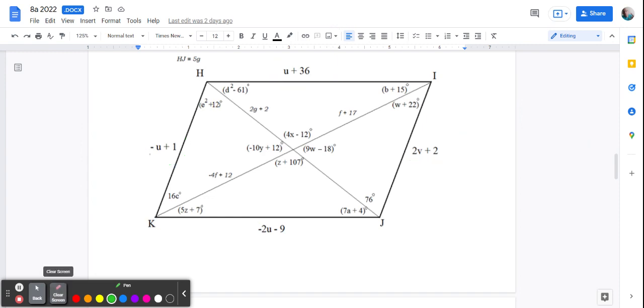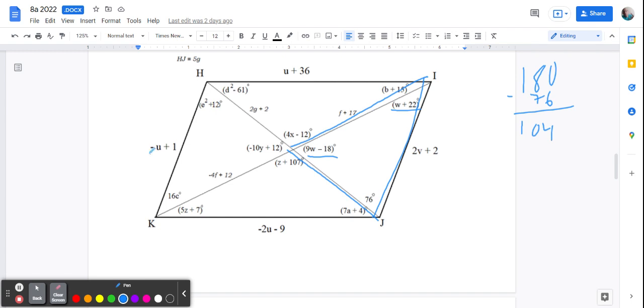Next number is w. Now this is where people got confused a little bit. We have to think sort of outside the box. Here we have this triangle with three angles, 9w minus 18, w plus 22, and 76. The rules for a triangle are that the angles add up to 180. If I take away the 76, I'm left with 104.